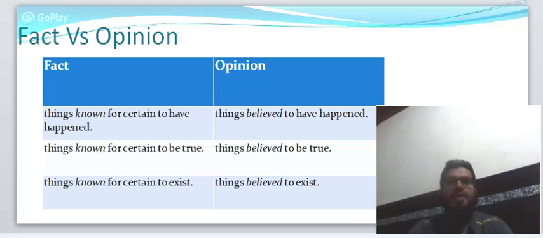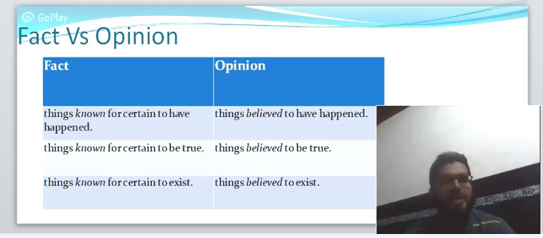On the other hand, we have opinion, and opinions are things believed to have happened. A person or some people believe that this has happened, but it is not universally acknowledged. Things, secondly, believed to be true, which people or a certain section of society believe as true.